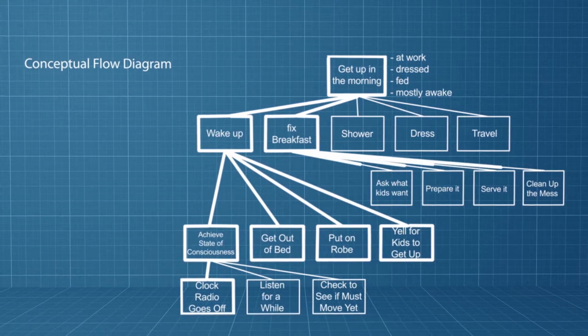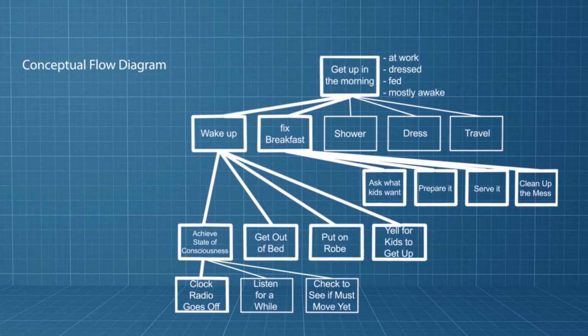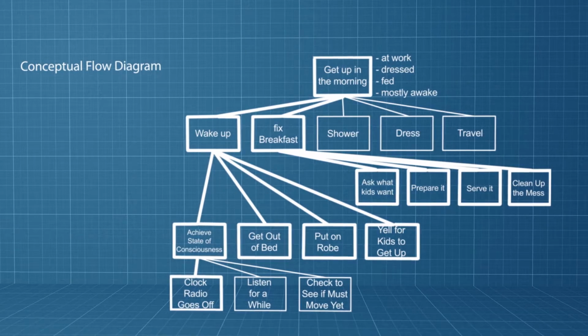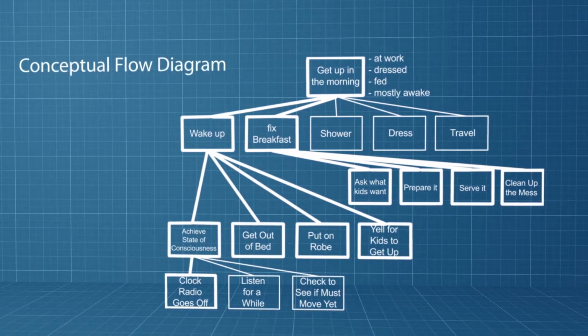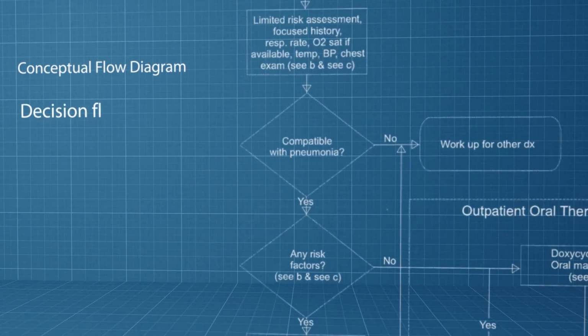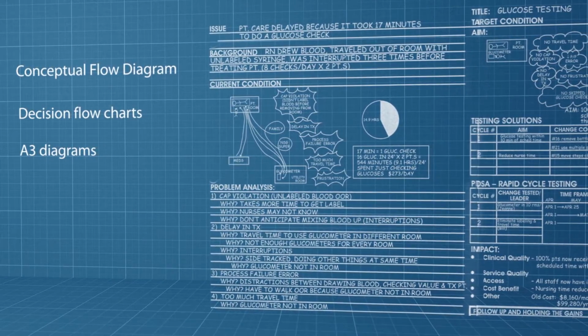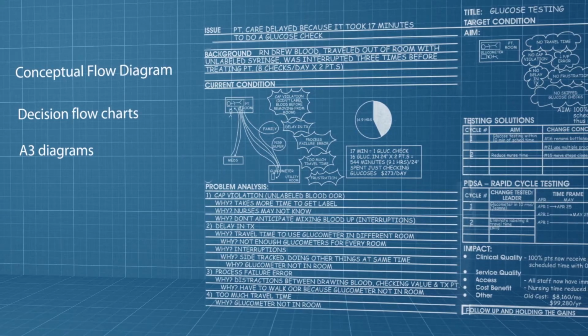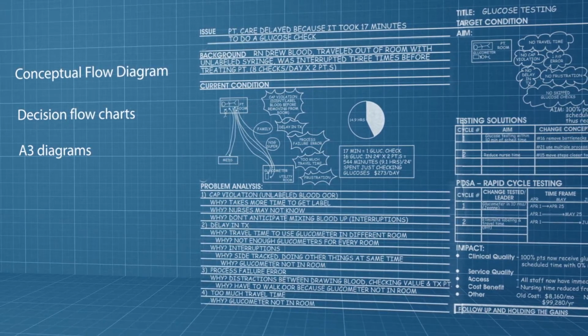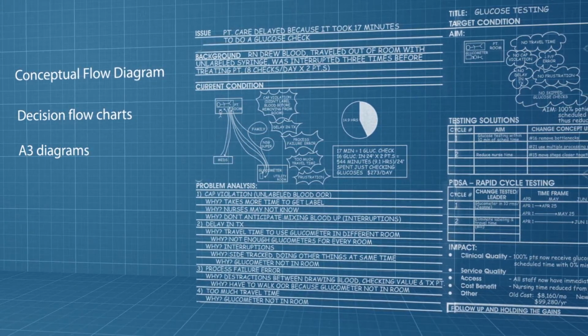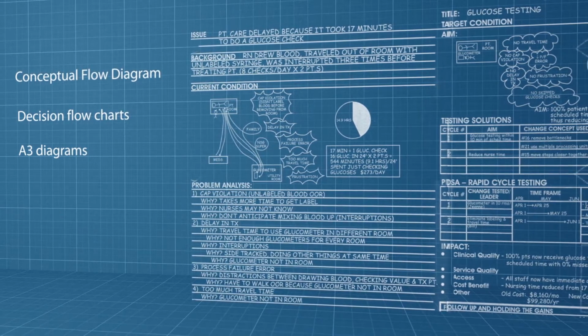Flowcharts come in different types. In later modules within Intermountain's quality improvement courses, you may encounter things like conceptual flow diagrams, decision flowcharts, and A3 diagrams. All of these are types of flowcharts, tools that teams use to document processes. At this point, though, you just need the idea of processes as a way of doing work.